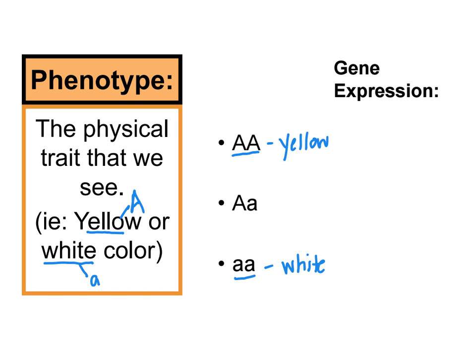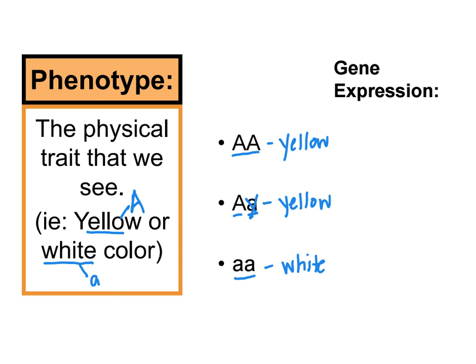But what happens when you have a heterozygous combination, where you have one dominant allele and one recessive allele? The dominant allele is going to turn off the recessive allele, and when that happens, this will result in a yellow flower.